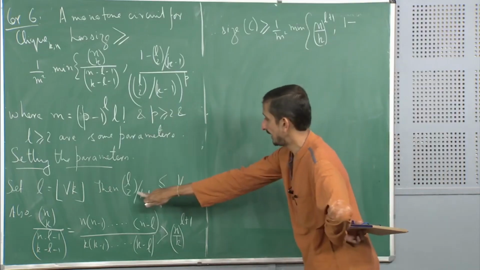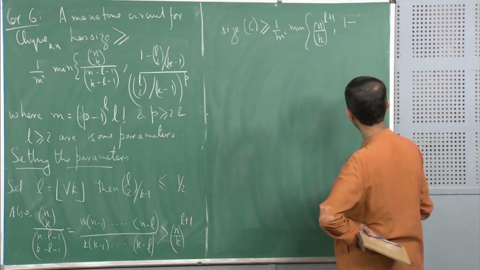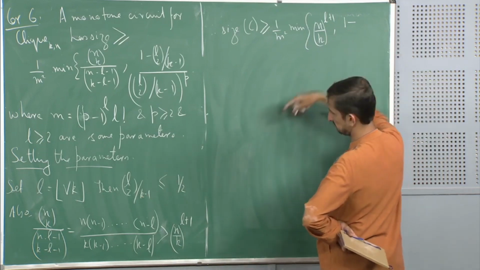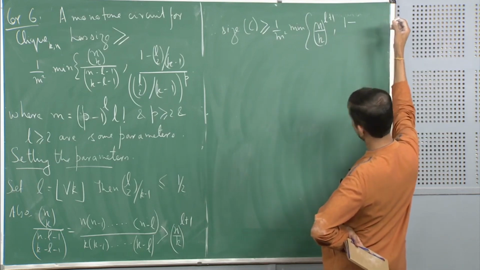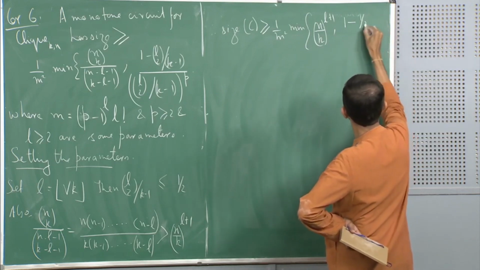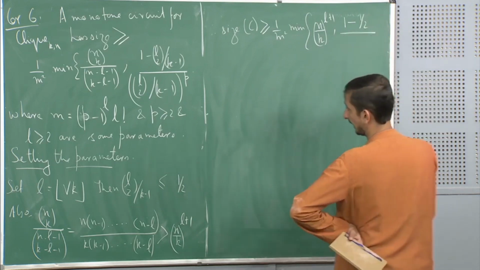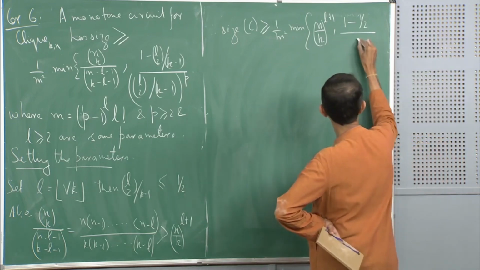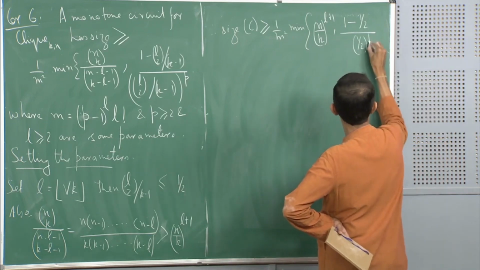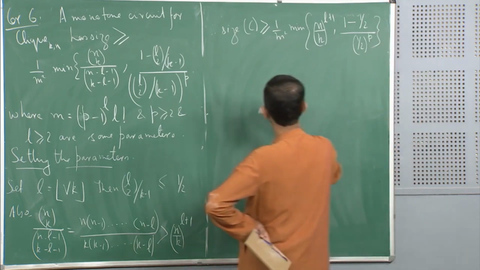So L choose 2 by k minus 1 is less than half. So this is greater than half. So 1 minus this is greater than half. So 1 minus of half over here, and in the denominator again we have this. So again half raised to the power p.